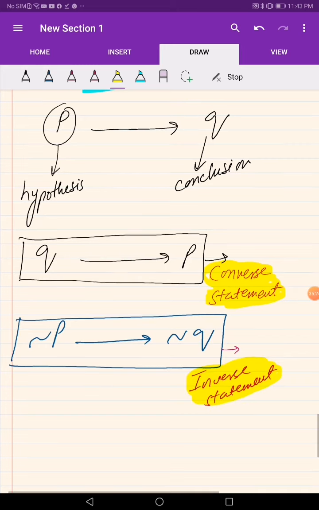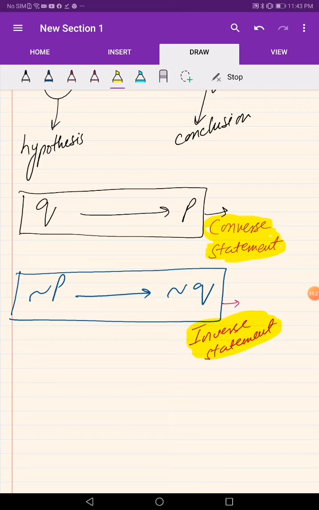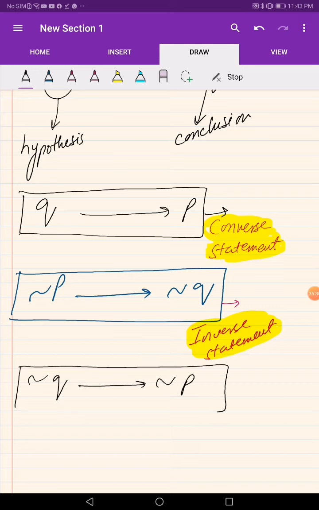Last one is contrapositive. If I change the order of this not P not Q, to not Q not P, this statement is called the contrapositive statement.